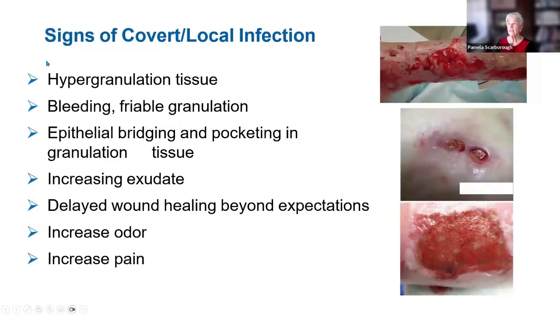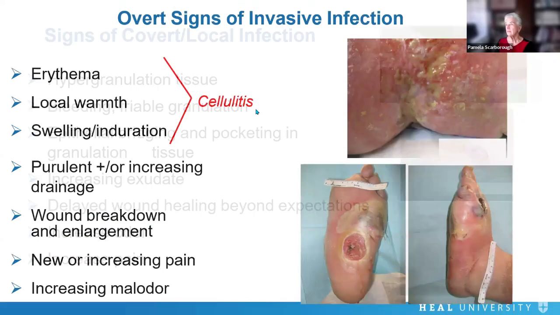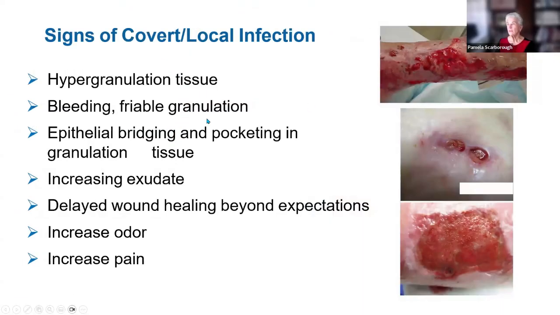Here are the signs of a covert local infection: hypergranulation tissue, bleeding, friable tissue, epithelial bridging, and increasing exudate. All of a sudden, they have a lot more exudate coming from the wound.